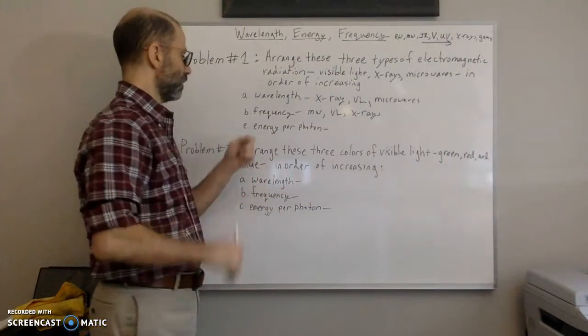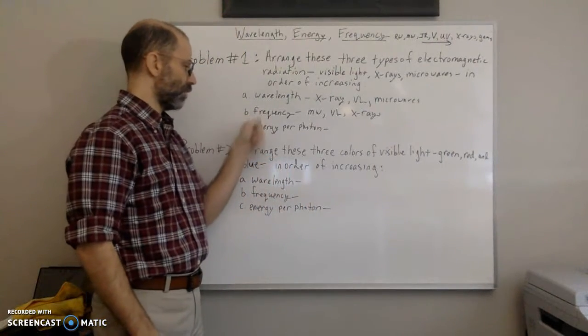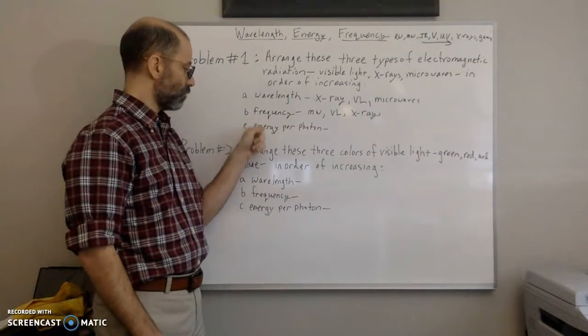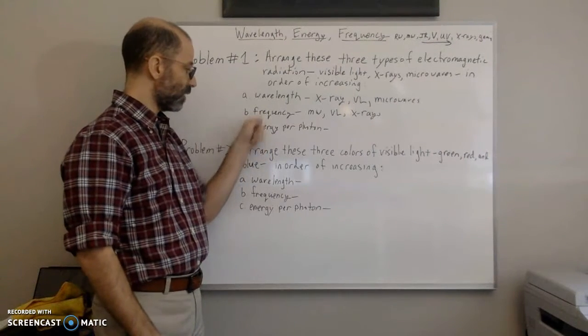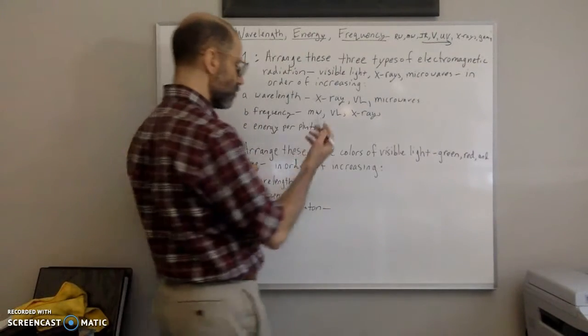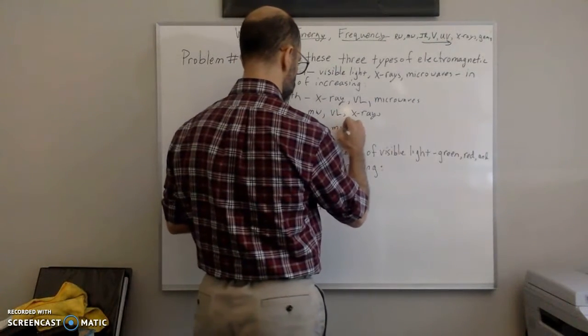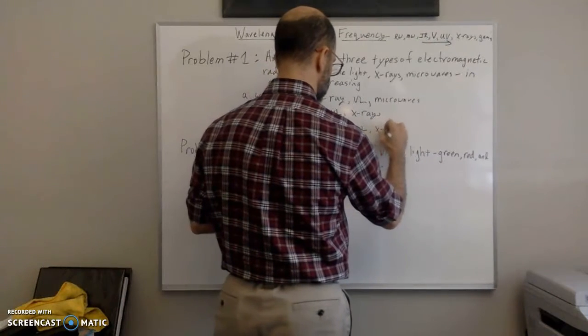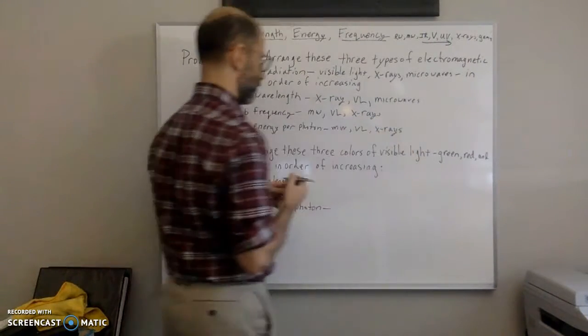And then, if I remember frequency and energy are directly related to each other, that means these two should have the same order, frequency and energy per photon. So it'll be the same order: microwaves, visible light, X-rays.